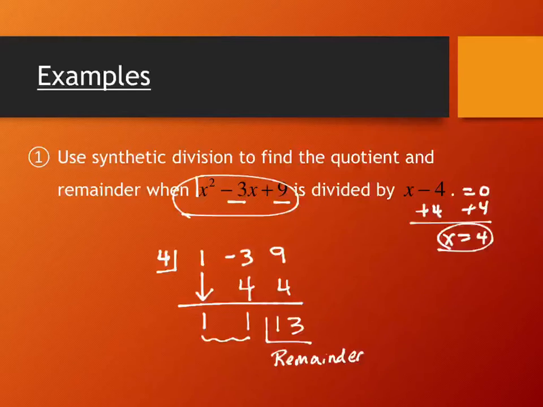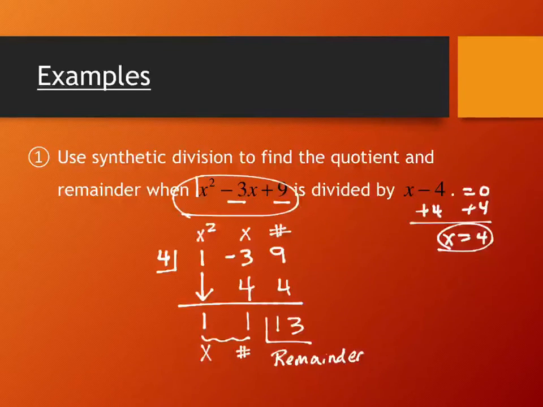So if you think about what happened here, this column right here was the x squared column, this was the x column, and this was the constant or the number column, right? That's where those numbers came from. When you divide, these values at the end correspond to the same kind of thing, but they don't stay x squared, they go down by 1 degree. This is now the x column, and this is the number column, and this is the remainder column.